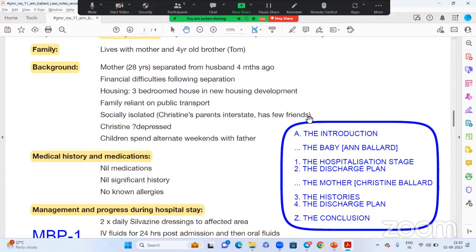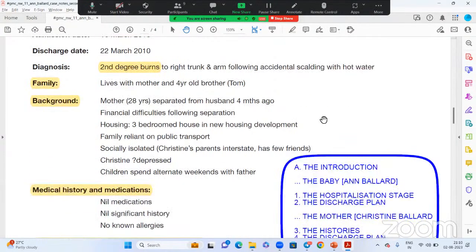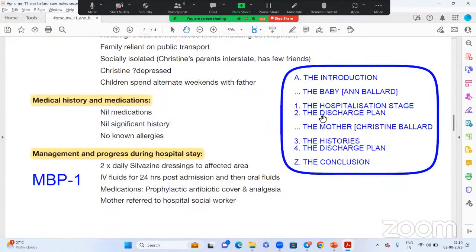So all you must follow this style. This is the organization, how you have to write the letter. First, the introduction, last conclusion. And the first place will be given to the baby because baby is the main patient and the carer is the mother here. So mother should also be given because mother is mentally imbalanced.